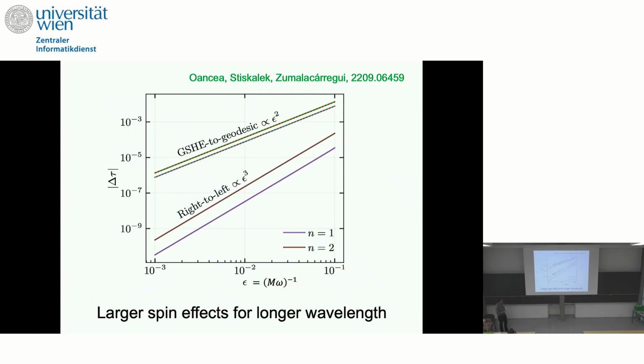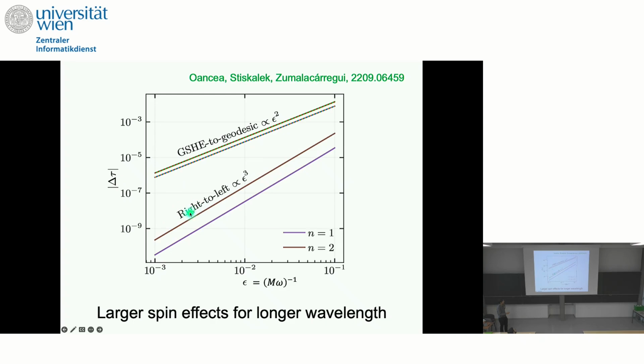I took this plot from Marius and Miguel's papers. The x-axis is wavelength. If you go to longer wavelengths, the difference in the arrival proper time of the signal increases.